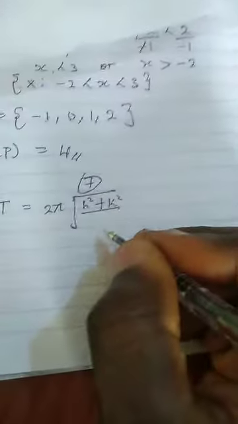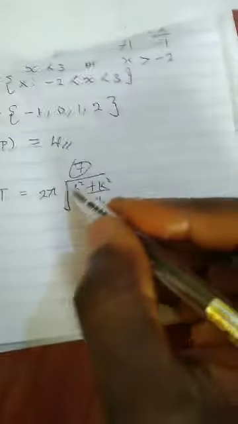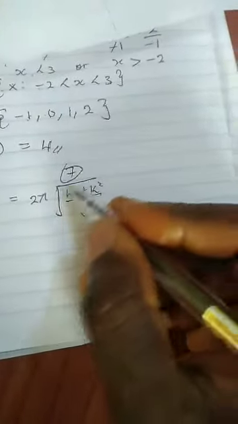Okay, so we have T equals 2 pi square root of h square plus k square over gh. So the first thing to do is to remove this square root sign.